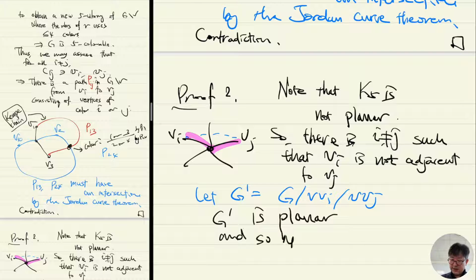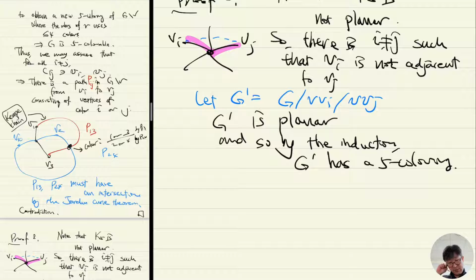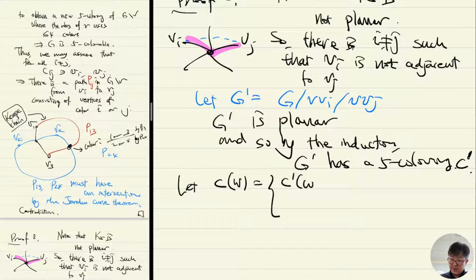Now, again, G prime is planar. And so by induction, G prime has a 5 coloring, C prime, let's say. Now, let C of W be C prime of W if W is not equal to V, Vi, Vj.